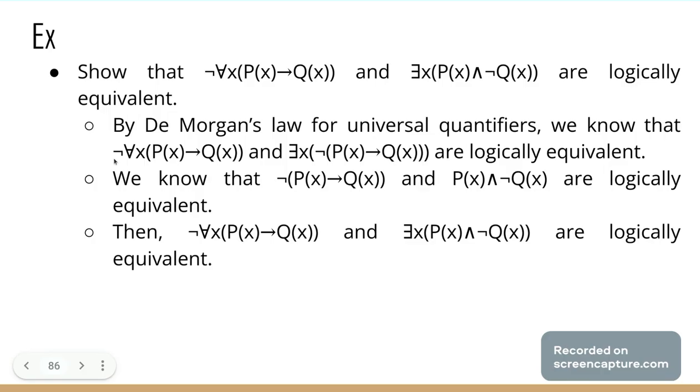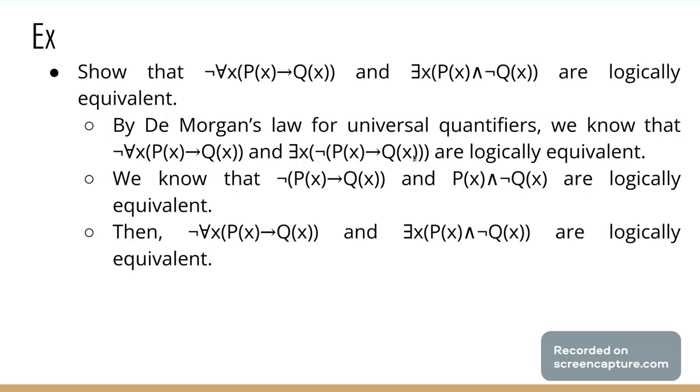So begin with negative for all x, P of x implies Q of x. According to De Morgan's law, negative of for all x will become there exists x, not of P of x implies Q of x. Now P of x implies Q of x was, as we saw earlier, not P of x or Q of x. So not of not P of x or Q of x, when negated, becomes P of x and not Q of x.